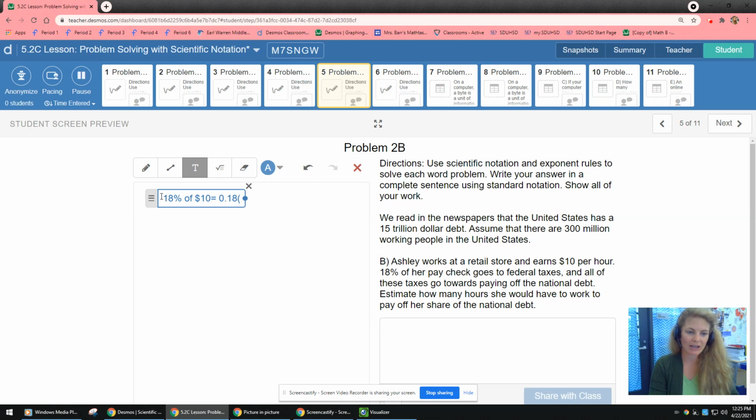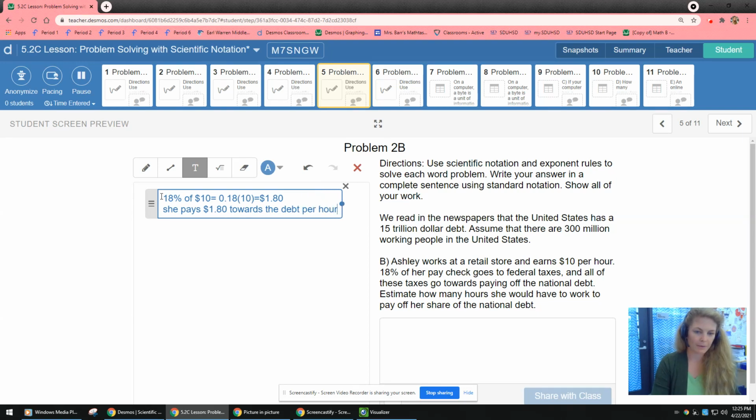Of means multiplication, so it's 0.18 times 10, which means $1.80. So $1.80 per hour goes towards paying the national debt. So she pays $1.80 towards the debt per hour.